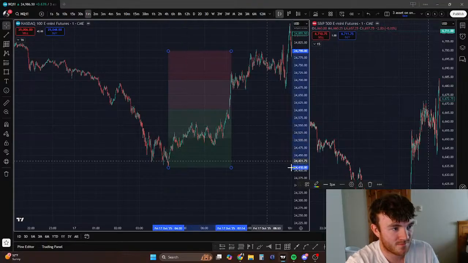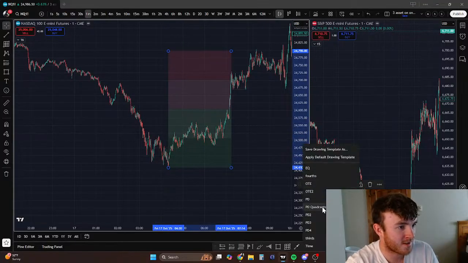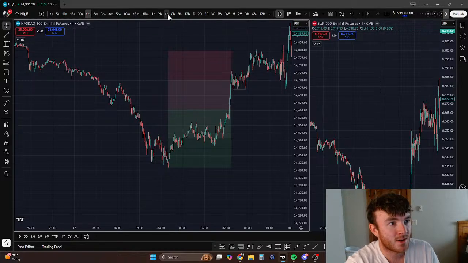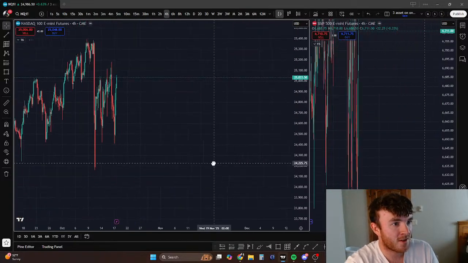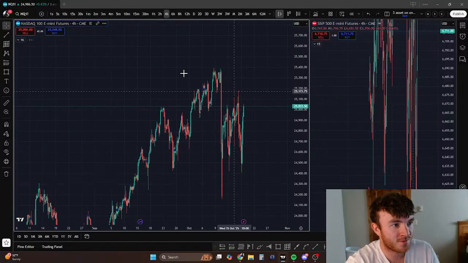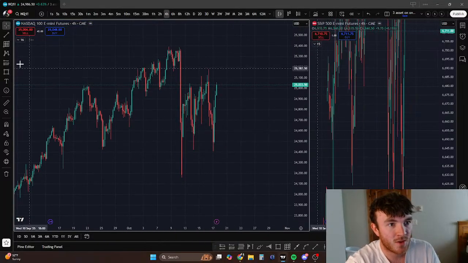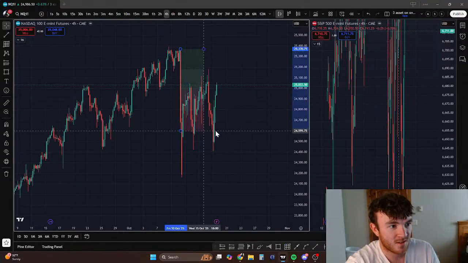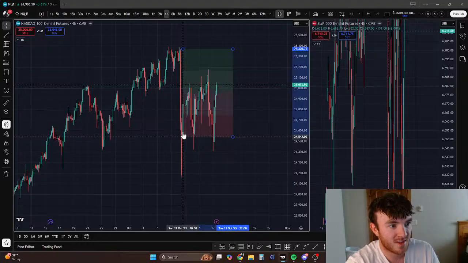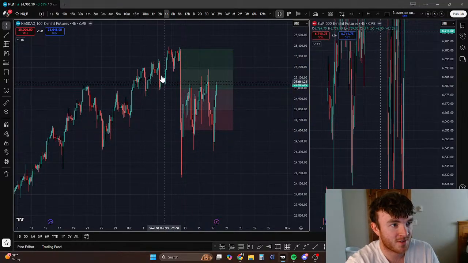Okay. Let's just make sure this is set up correctly. Okay. So, the way you use this is you go, okay, let's put a gradient on a higher time frame candle. So, like, for instance, we could actually maybe even put a gradient on this thing. This might be a cool thing to put a gradient on, this whole entire 4-hour candle.